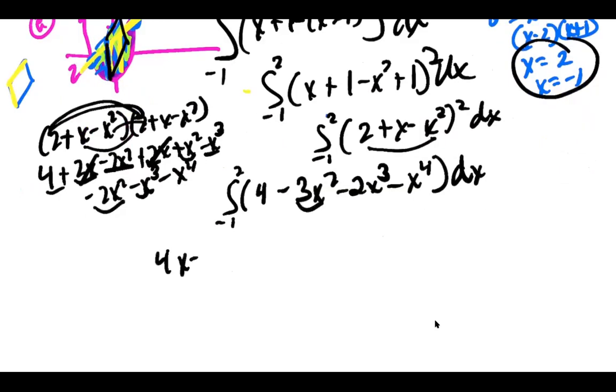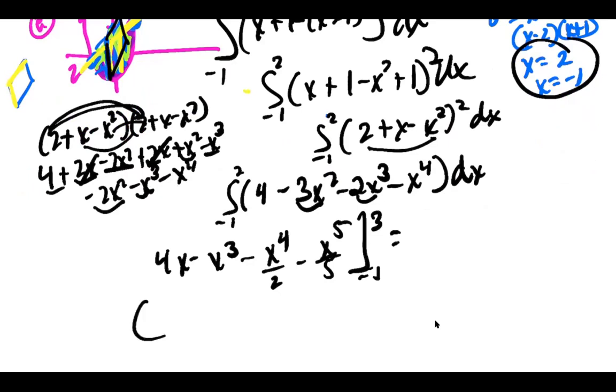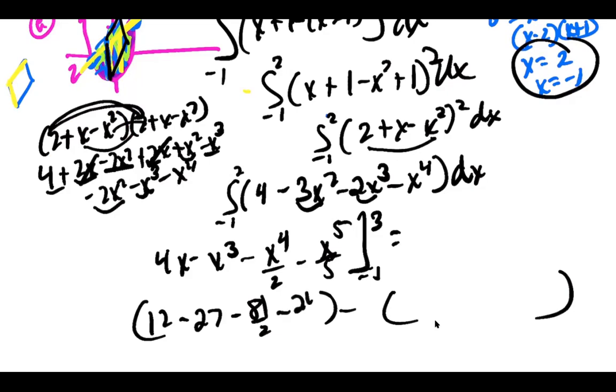4x minus 3x cubed over 3 minus 2x to the 4th over 4 minus x to the 5th over 5, from -1 to 3. Top minus bottom gives me 12 minus 27 minus 81 halves minus 243 fifths. -1 is going to give me -4 plus 1 minus -1 to the 4th is 1 half minus a -1 fifth.